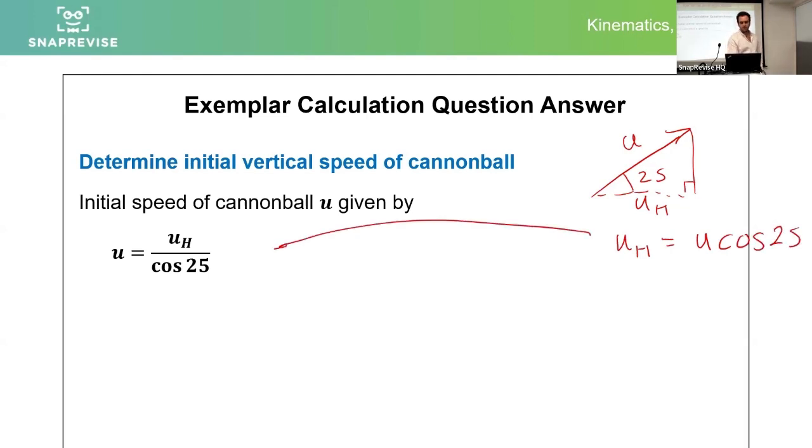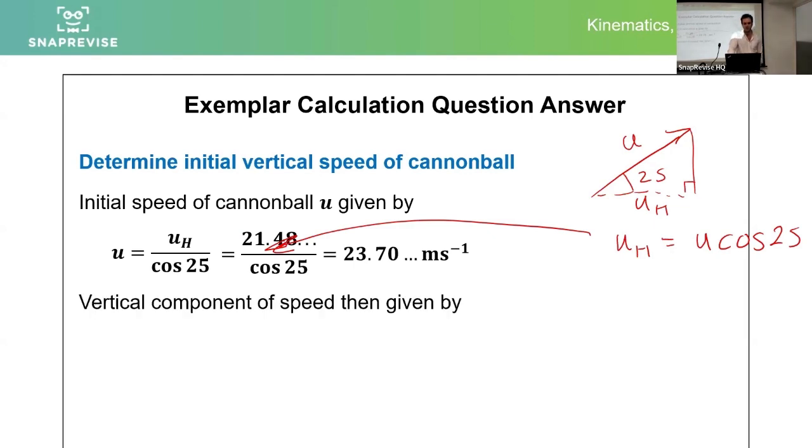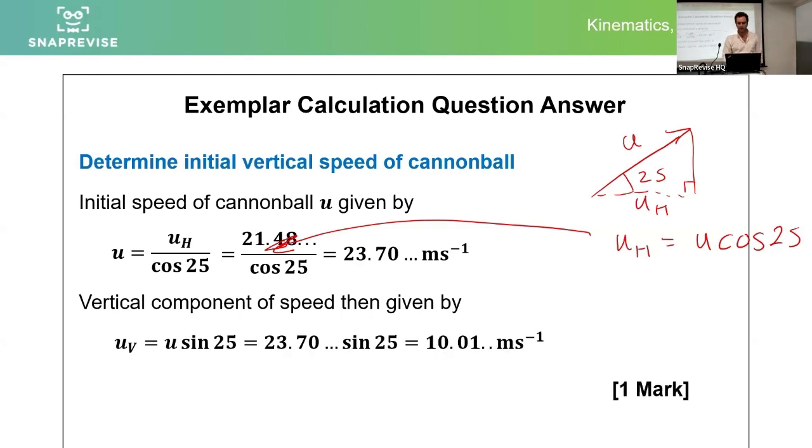Rearrange, and you end up with this equation. Plug in your values, and you end up with 23.7 meters per second. Right, the vertical component of the speed, whilst we're at it, we might as well work it out, is then given by 10.01.